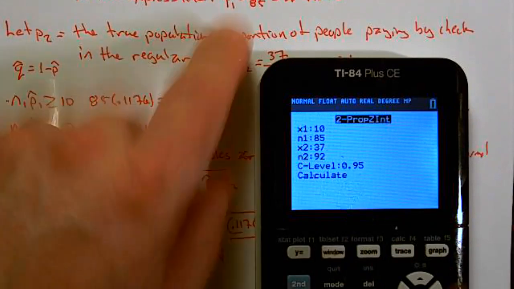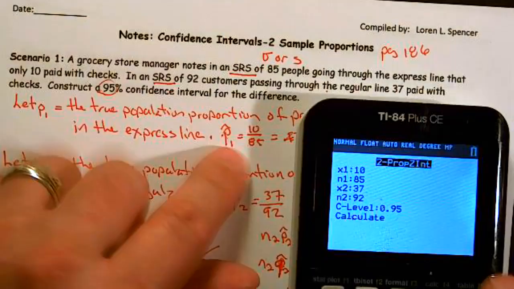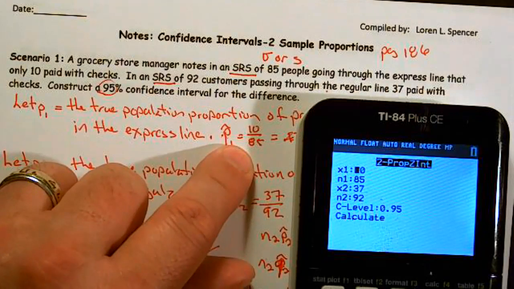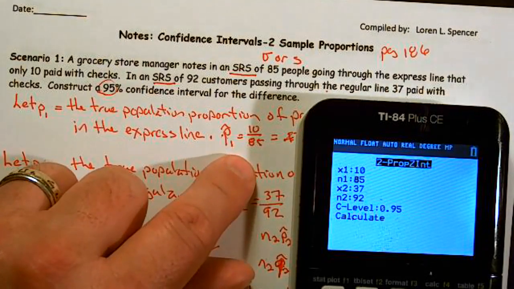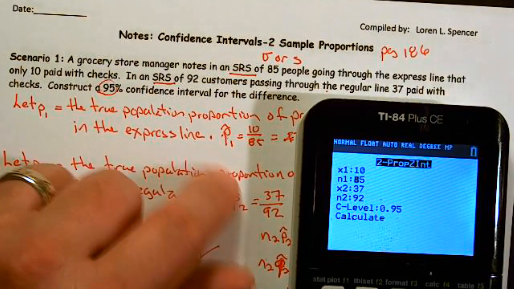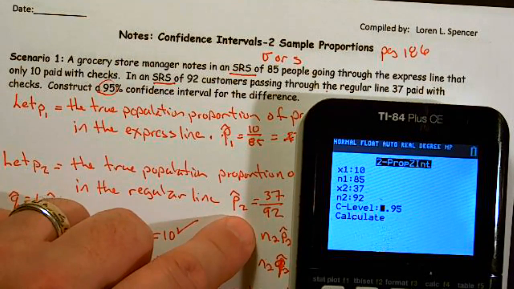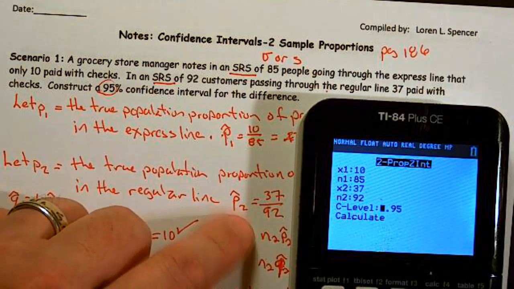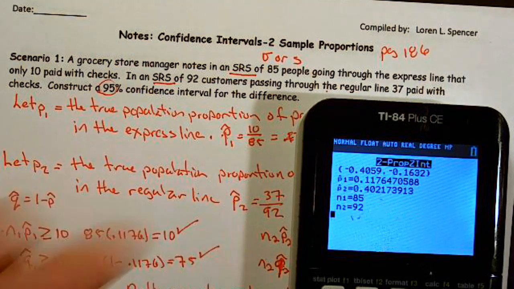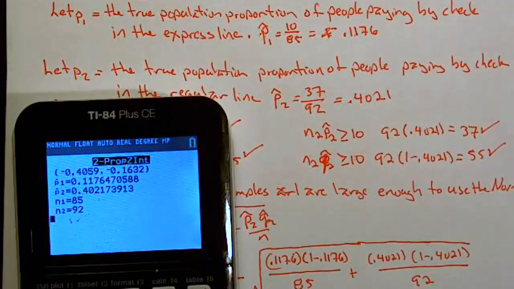Our x1 value was 10, our n1 sample size was 85. Our x2 value was 37, our n2 was 92. They said do a confidence level of 0.95. And we end up getting this interval, so we need to write it down.